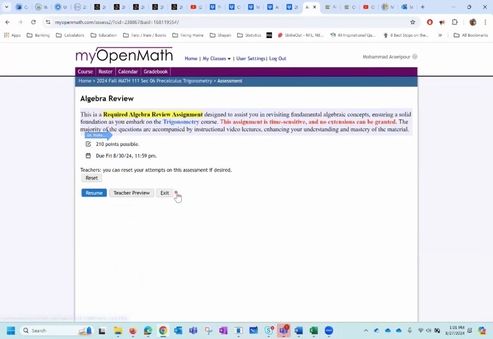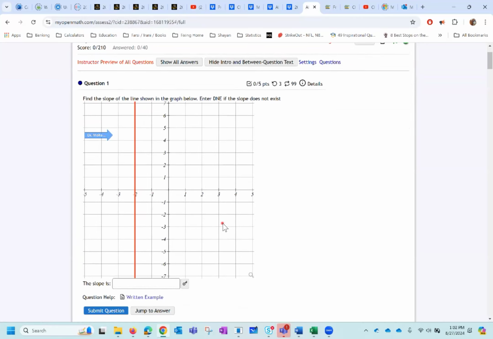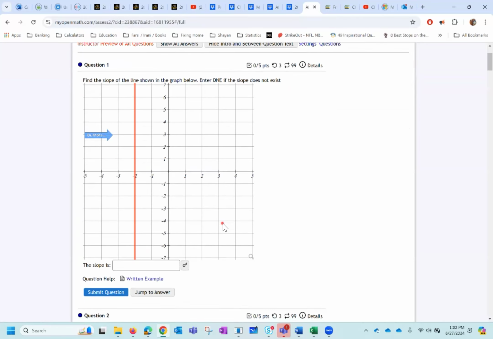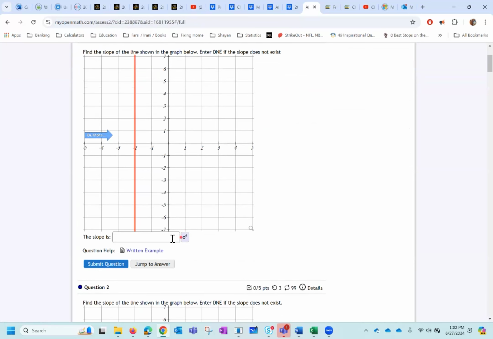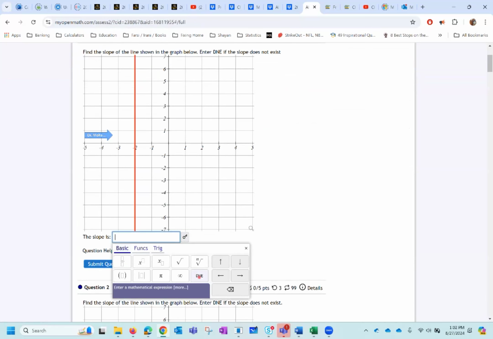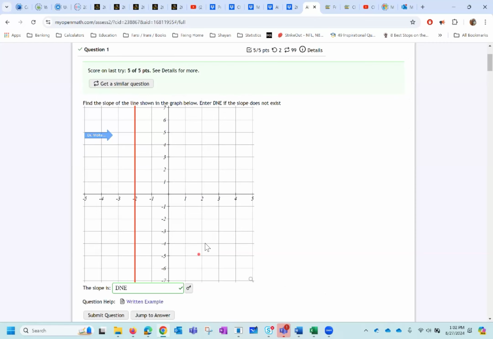The algebra review is the same. What I want to show you here is the following. For the algebra review class, for example, this is a vertical line, and for a vertical line, the slope is undefined. They don't have it. We put DNE and submit the question.